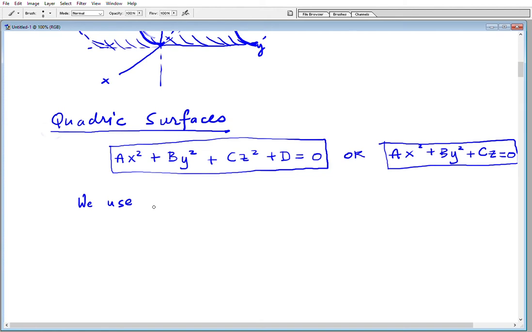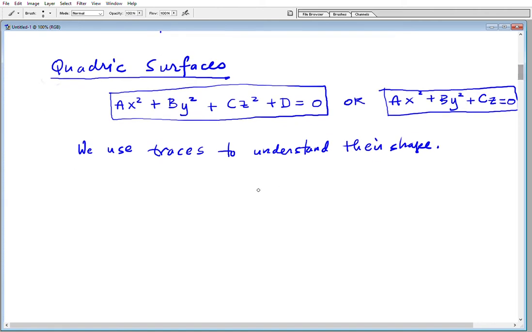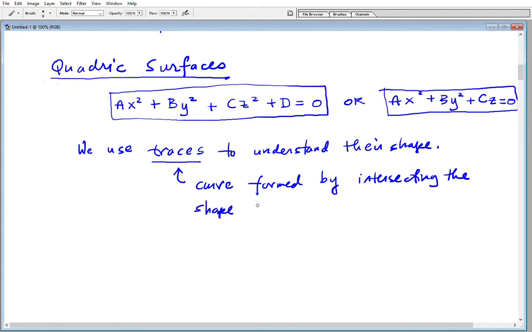Okay. And the way we're going to understand the shape of the quadric surfaces is we're going to use traces to understand the shape. Okay, so traces means the curve formed by intersecting the shape in one of the planes.